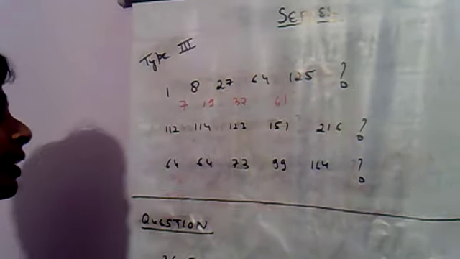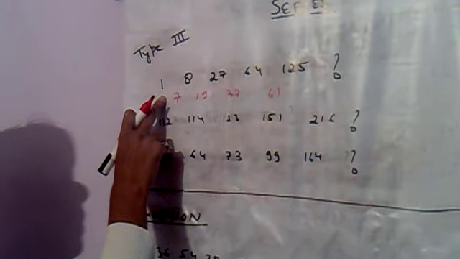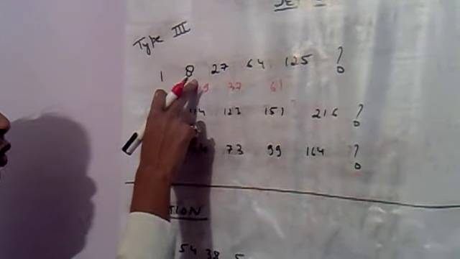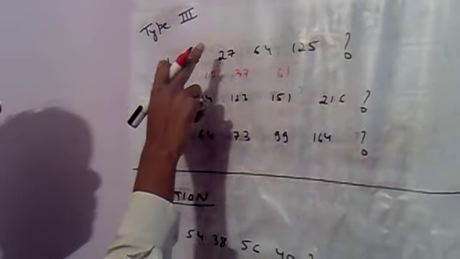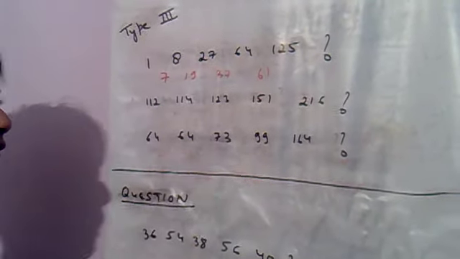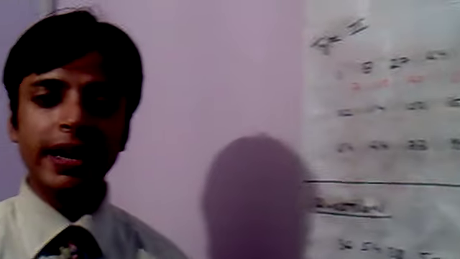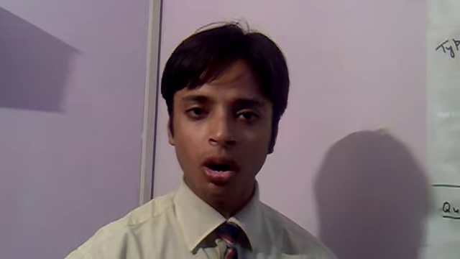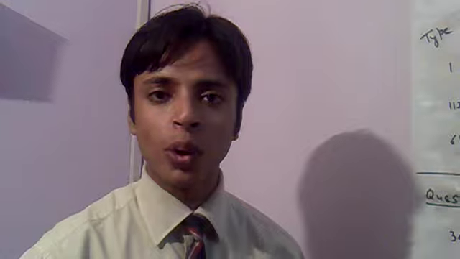First see that the first number over here is 1, the second number is 8, the third number is 27. As you remember folks, the last session, when we were finishing off, was of the squares.